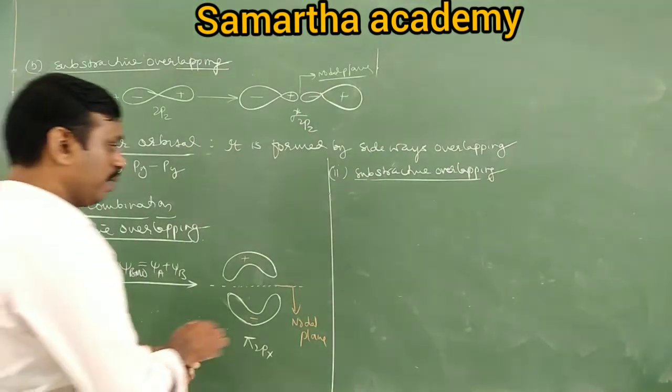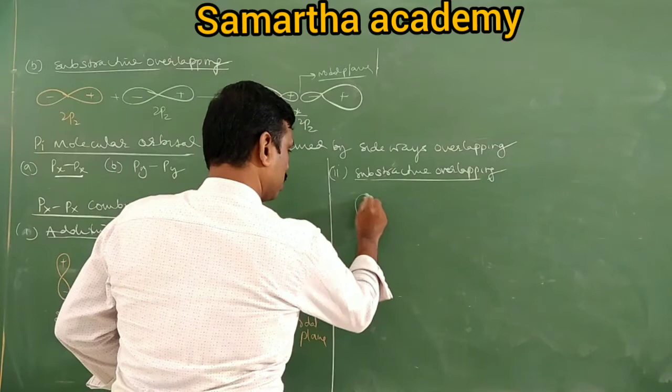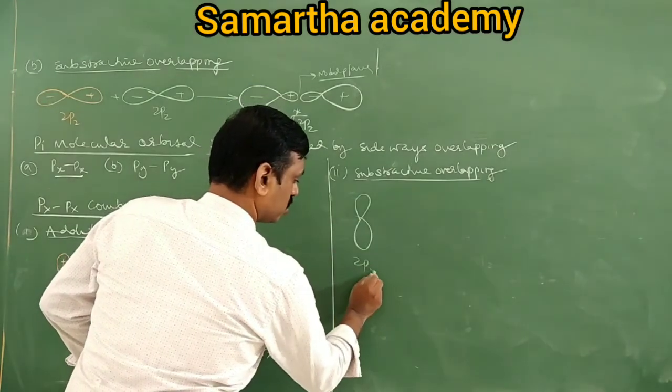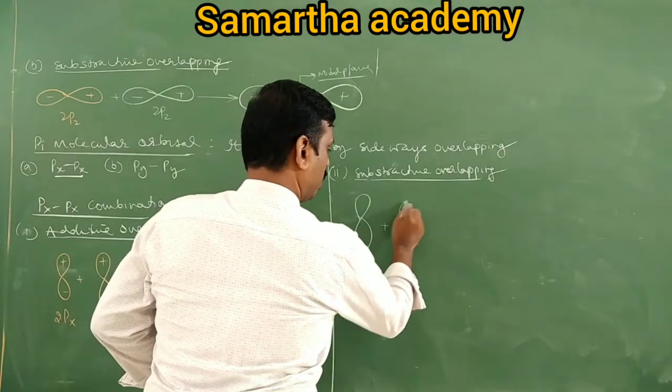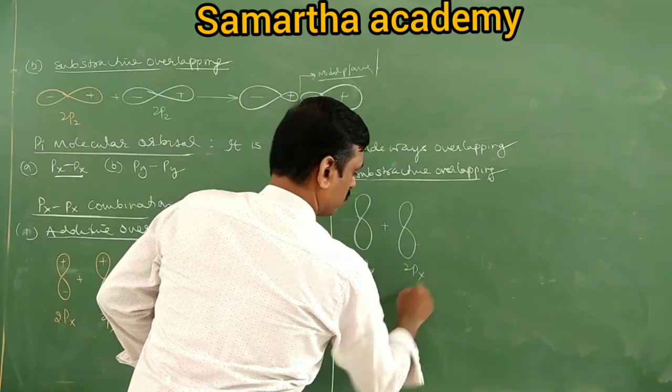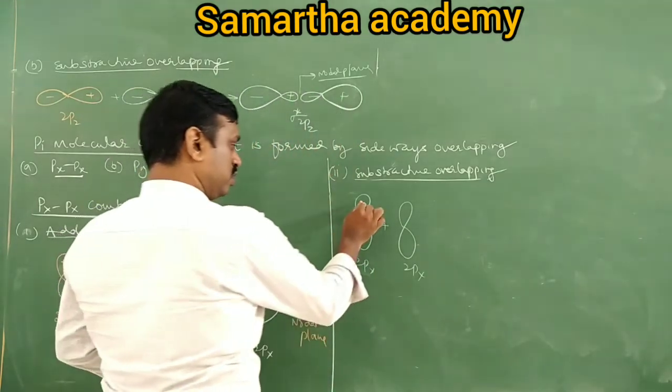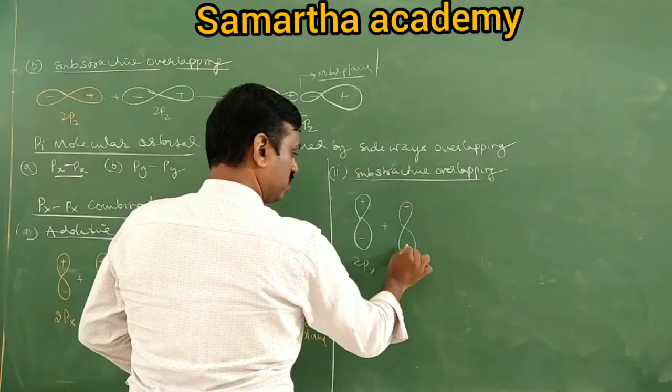In subtractive overlapping, let us take 2px of one atom, 2px of another atom. Since it is subtractive, the signs are opposite.